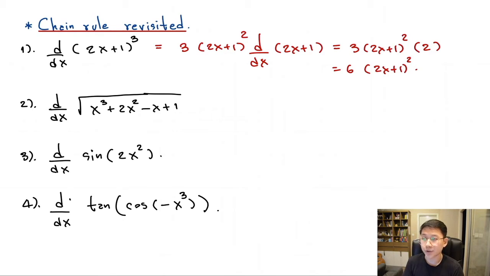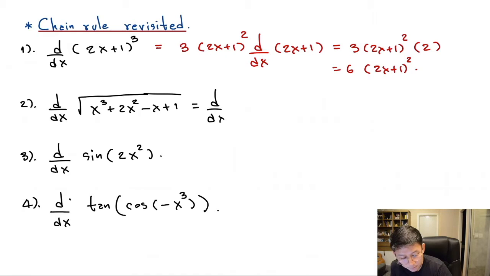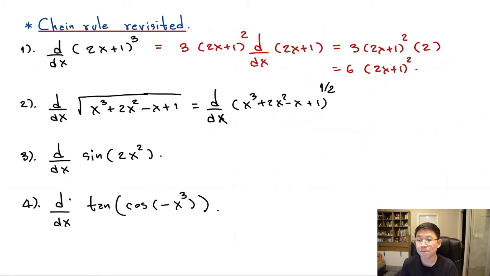I assume it's a lot easier. So the next one is similar. First I'll write this as d by dx of (x cubed plus 2x squared minus x plus 1) to the power of 1/2, and I take the derivative of that. In the previous section we needed to define this as u, but I won't do that anymore.